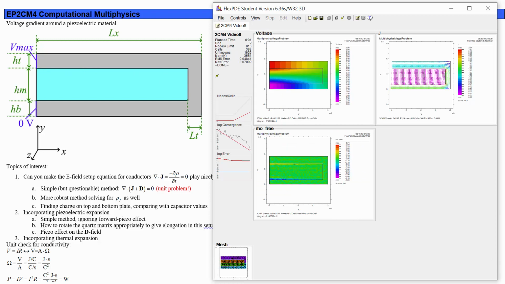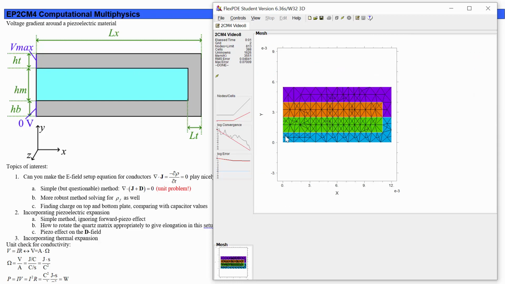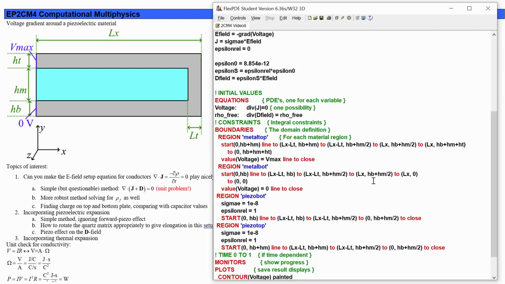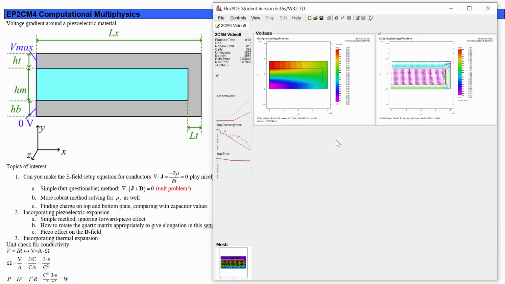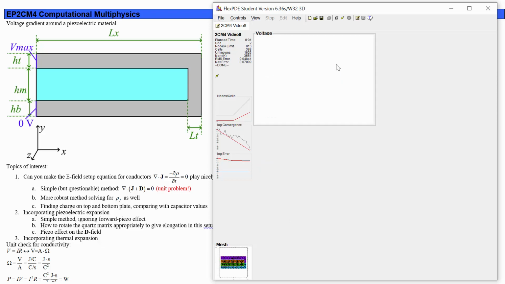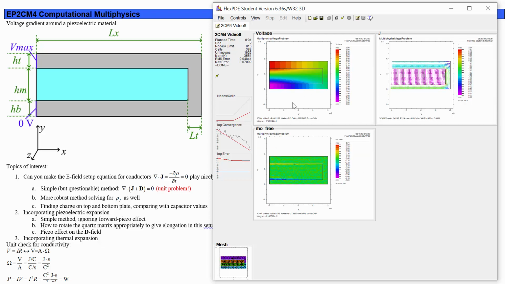Okay, so from a mesh perspective, what we did is we drew this top part as one region, and then metal bottom goes like this, and then we did piezo bottom, which does this one, and piezo top is there. So that is the updated geometry drawing and gets the entire thing all done.